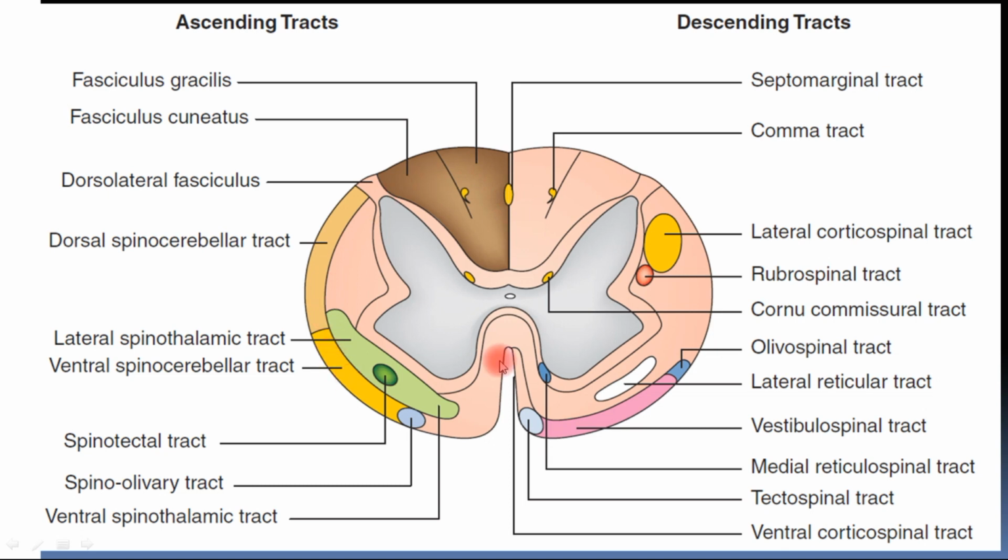They occur all together. In our body, both ascending and descending tracts occur in each half of the white matter of the spinal cord. This representation is just to make you understand, to deal separately with the ascending and descending tracts.